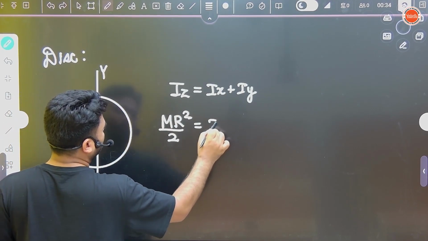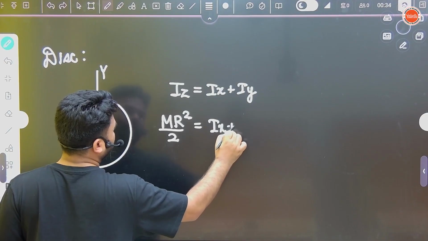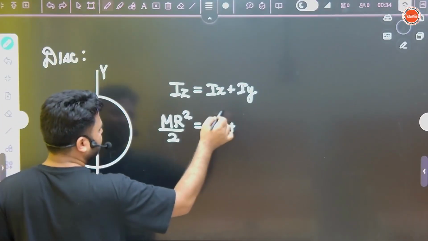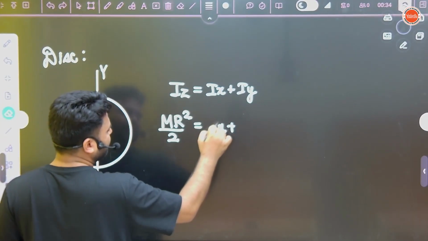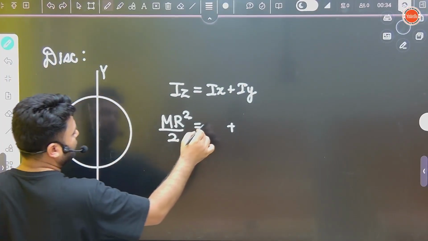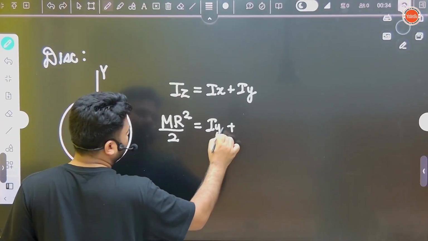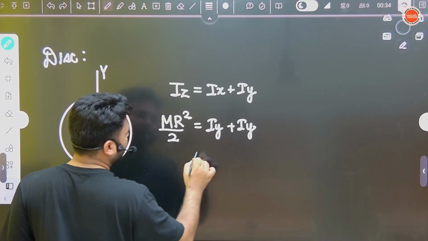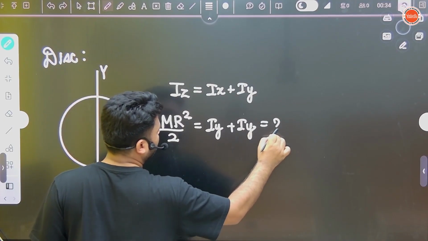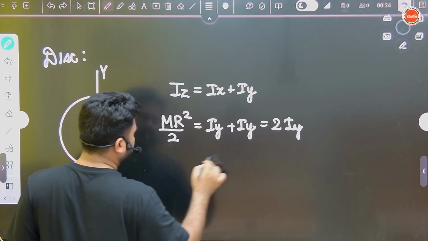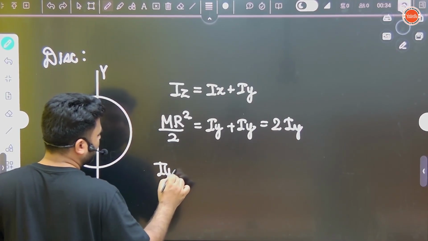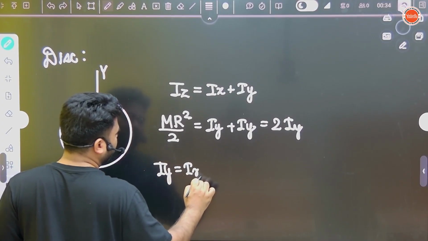So this will be equal to moment of inertia about x axis plus moment of inertia about y axis. And you know that x and y axis look the same. So you can write Iy plus Iy, or 2Iy. So moment of inertia about y axis is equal to moment of inertia about x axis.